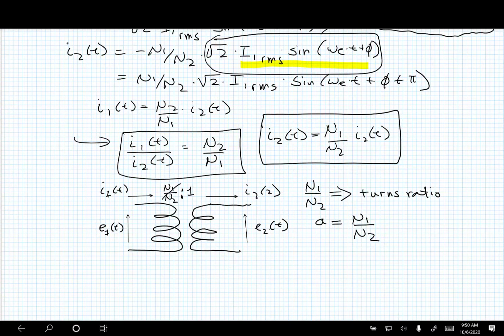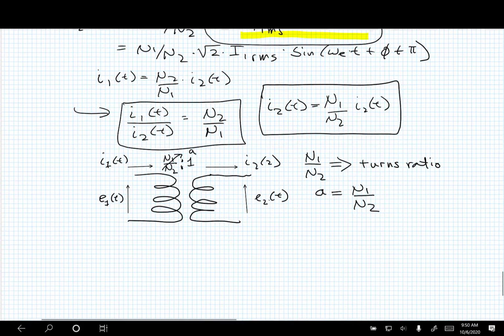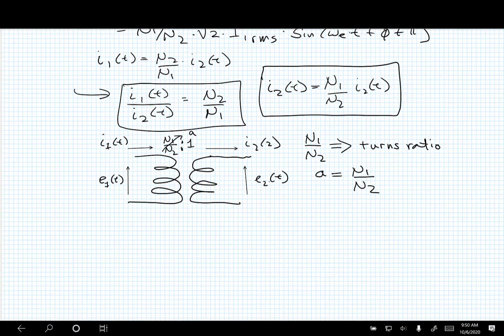So I could replace this with A, and we could redraw this like this.